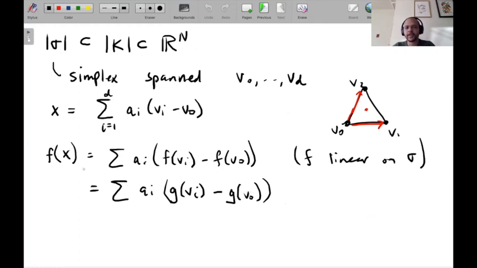So f of x is determined by the value of g on the vertices, which is the value of f on the vertices. So f is determined by its value on the vertices. This is what makes simplicial maps nice to work with. They're just maps where you do something on vertices and then everything else is determined. So they're expressed by a finite amount of data.